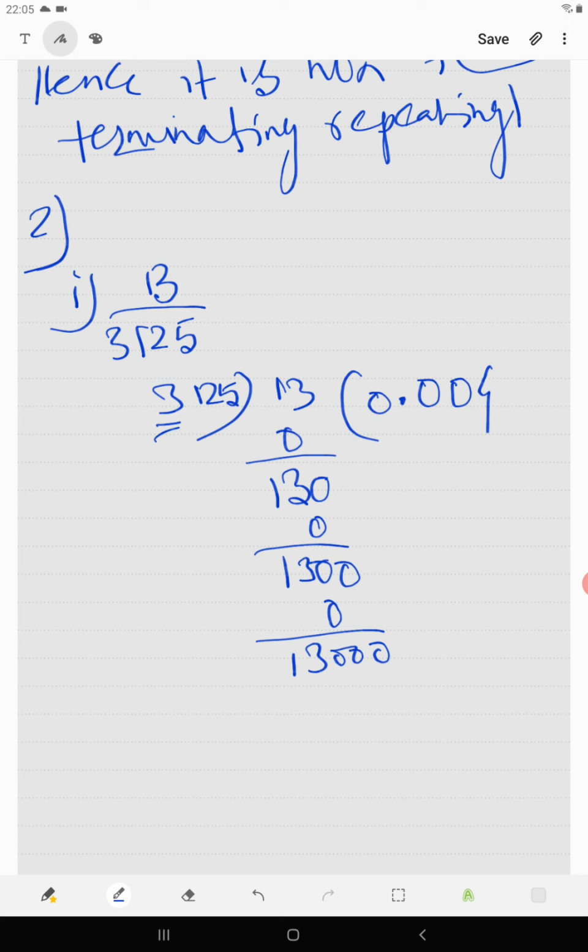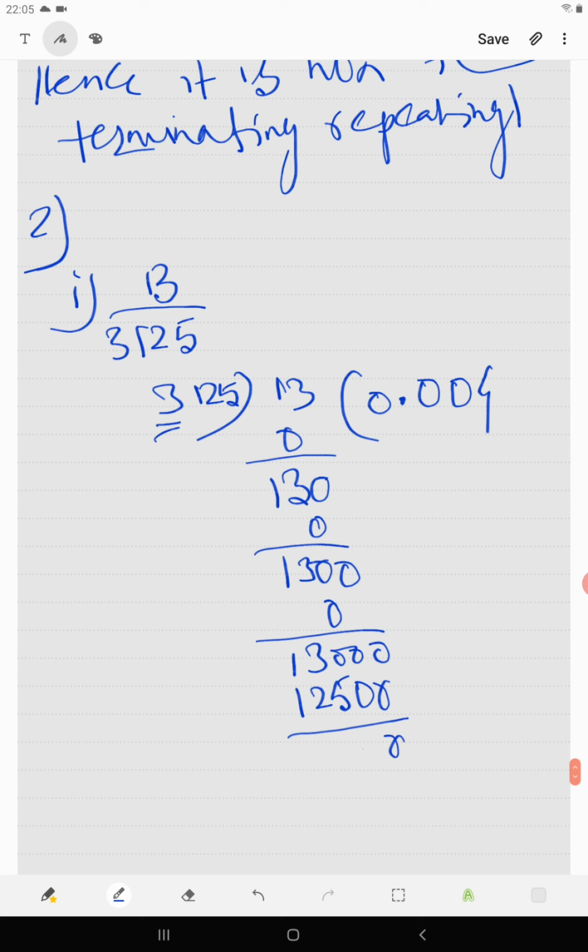Now multiply 3125 into 4. How much will we get? 5 4s are 20, 0, 2 is in our hand. 4 2s are 8 and 2 is 10, 0, again 1 is in our hand. 4 1s are 4, 1 is 5, and 4 3s are 12.